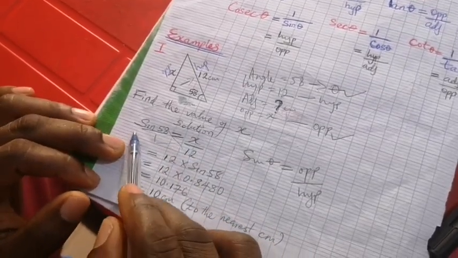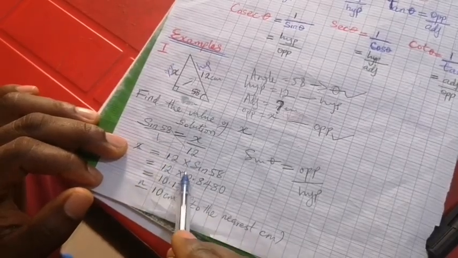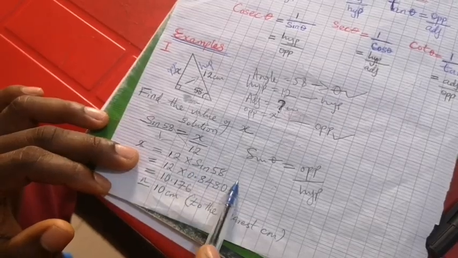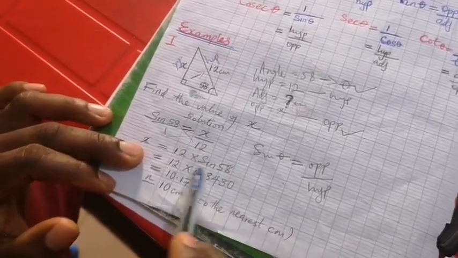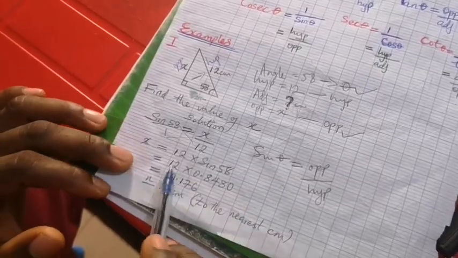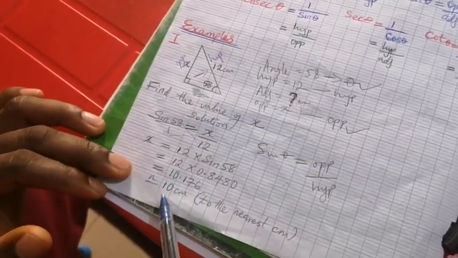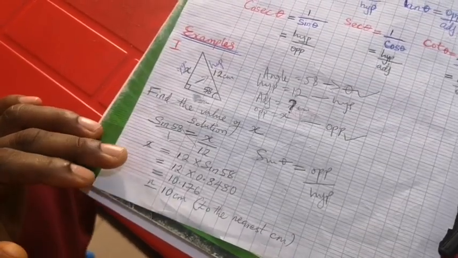So x times 1 is x. Now sine 58 times 12 will give you 12 times sine 58. Now we find the value of sine 58, which is 0.8480. So if we multiply the two of them, it will give us 10.176, approximately 10 cm to the nearest cm. Okay, thank you.